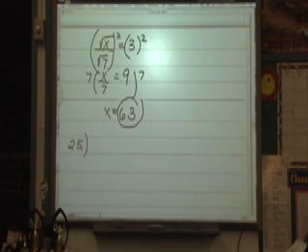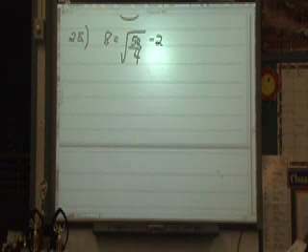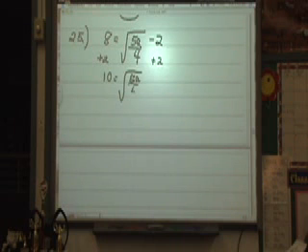Number 25, you have 8 equals the square root of 5a over 4 minus 2. Isolate the radicand. So add 2 to both sides. We now have 10 equals the square root of 5a over 4.